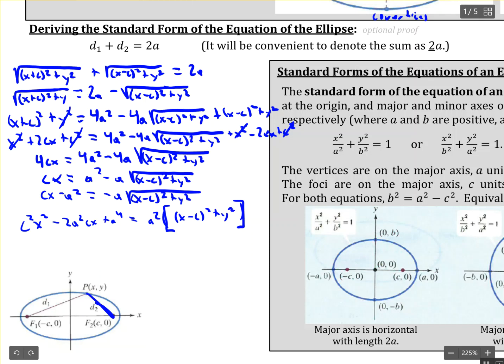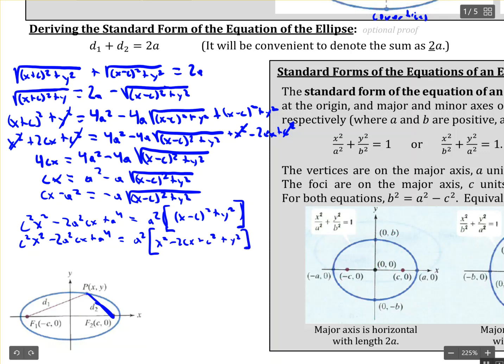So now let's go ahead and simplify the right side here. The left side, let's just leave unchanged. So I get x squared minus 2cx plus c squared plus y squared.